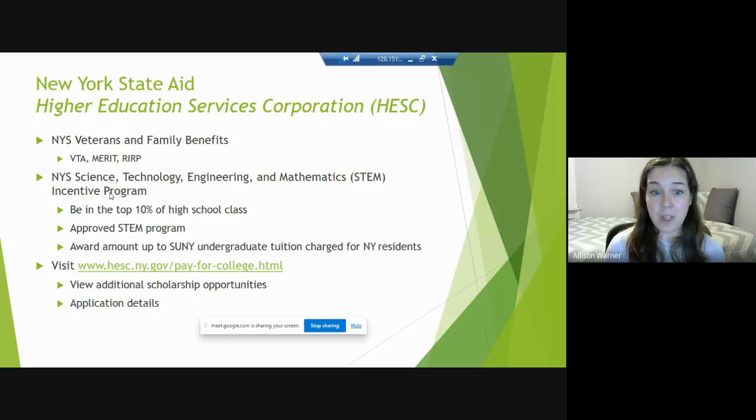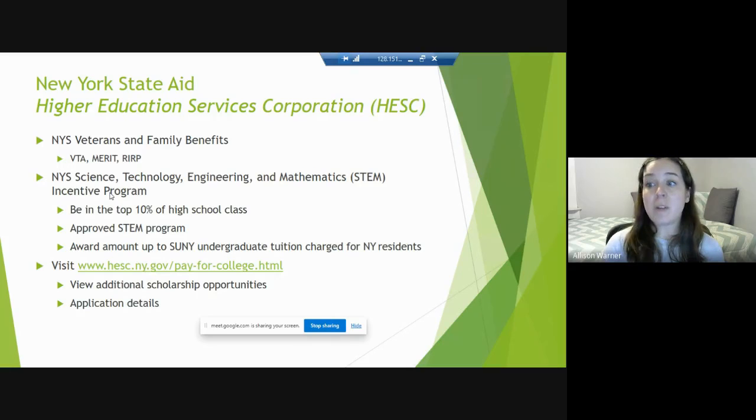Another benefit that is available to students in New York State is MERIT, also known as Military Enhanced Recognition Incentive Tribute. This scholarship provides financial aid to children, spouses, and other financial dependents of members of the military who at any time after August 2nd, 1990, died or became severely or permanently disabled.